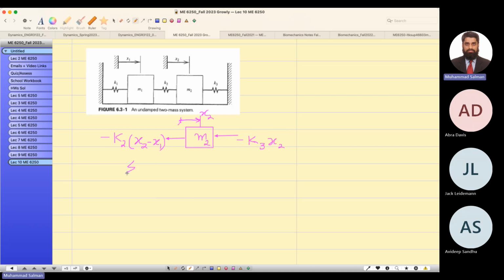And then all the forces, this is our equation of motion for the second mass.